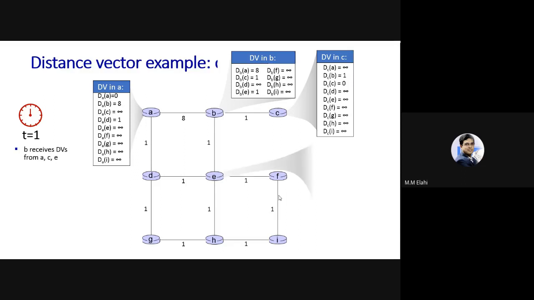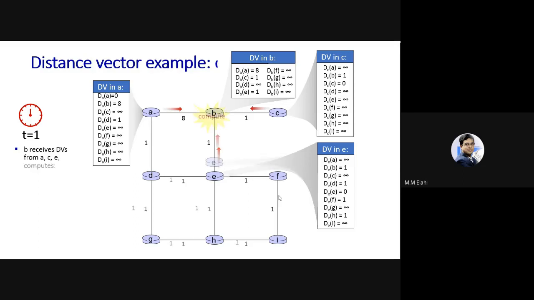And then after receiving the update from each of these three nodes, B will update its own table. So far clear, everyone? Any question? Now the final part is to show how a node, after receiving updates from the neighbors, actually updates its own table by implementing the Bellman-Ford equation. Okay? So let us see.